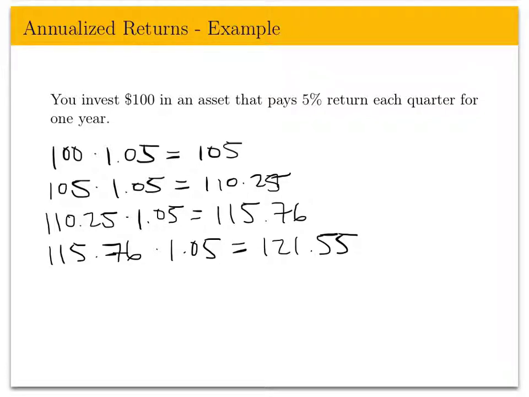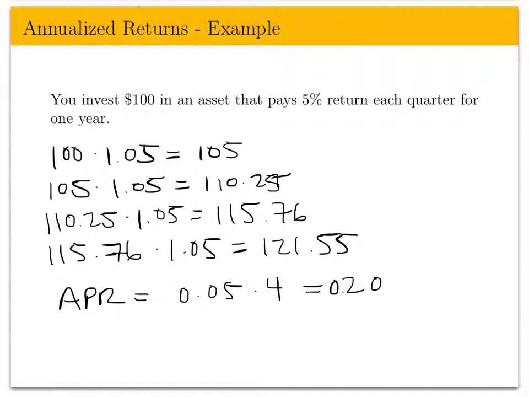Now, if you computed the APR, what would that be? The APR says that you just take the net rate of return each quarter and multiply by the number of quarters that you receive it, which in this case is 4. So I would say I got 5% the first quarter, 5 the second, 5 the third, and 5 the fourth, for a total of 0.2 or 20% gain.